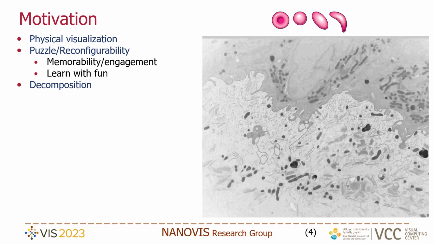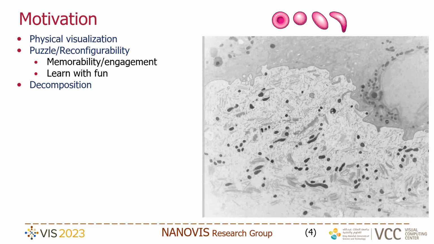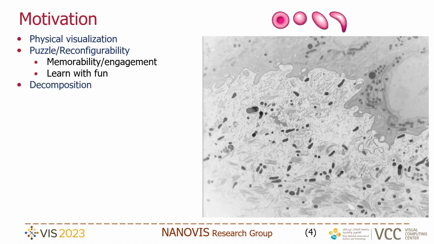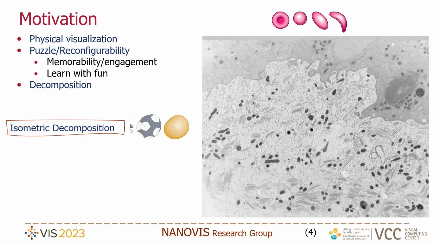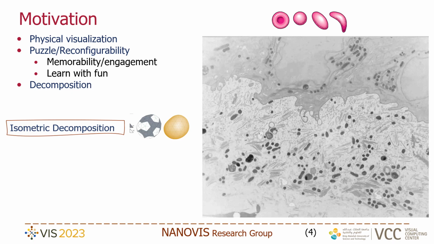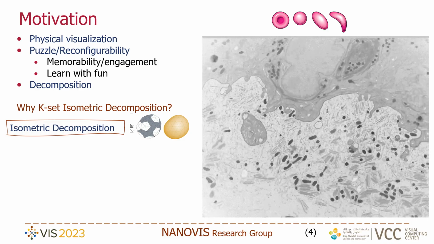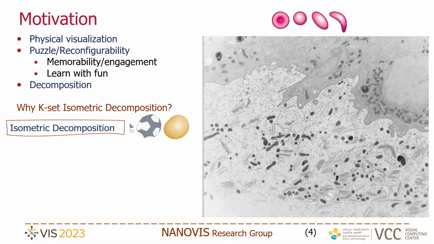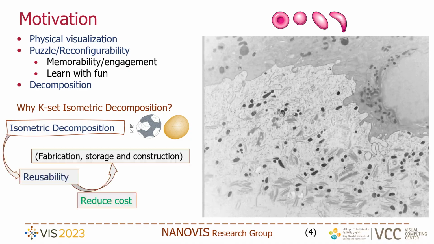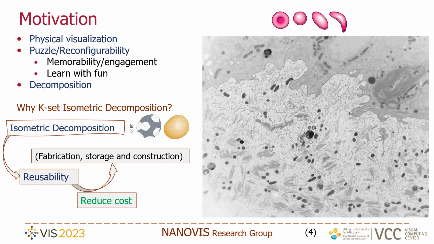The puzzle improves memorability and engagement and provides a learn-with-fun opportunity. The modeling is based on isometric decomposition, which means modeling with only k types of triangles. For example, this model has only 2 types of triangles. Such models increase usability and thereby reduce the cost.